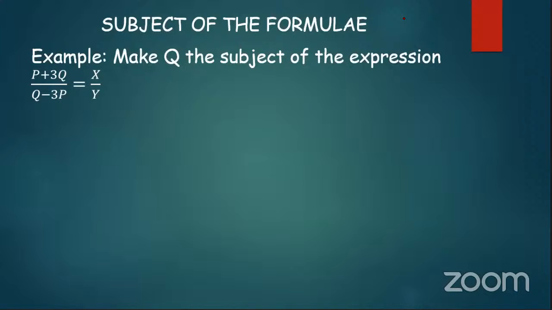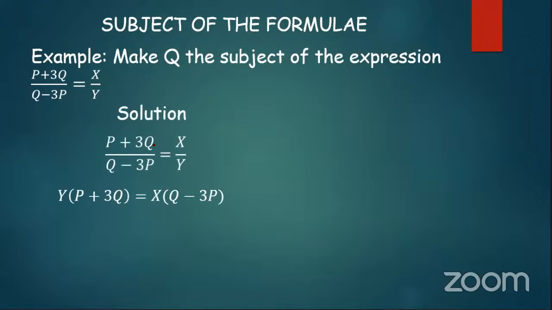Cross multiply, and that would give us Y times P plus 3Q is equal to X times Q minus 3P.